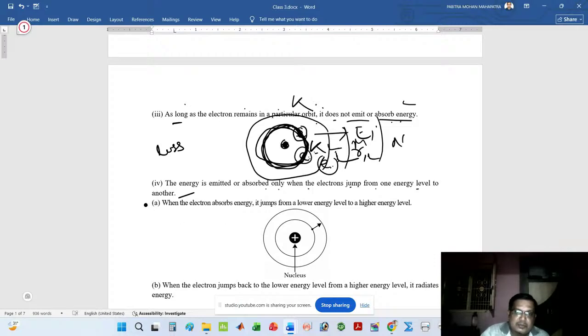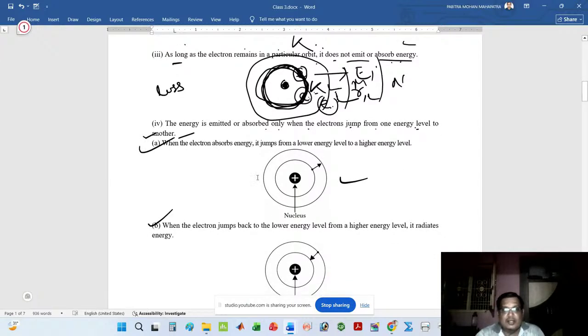These are the two points I have given, and I have also given the structure presentation. Again, I want to read the postulate. The energy is emitted or absorbed only when the electron jumps from one energy level to another. Look at that.